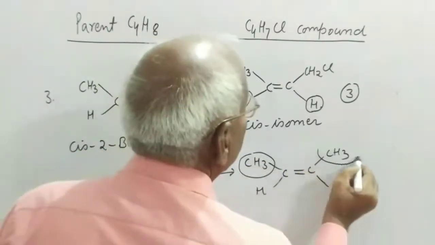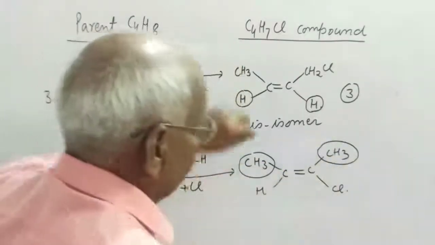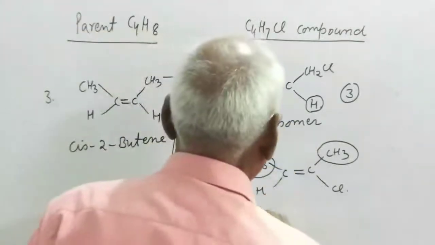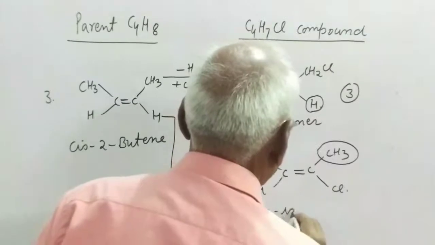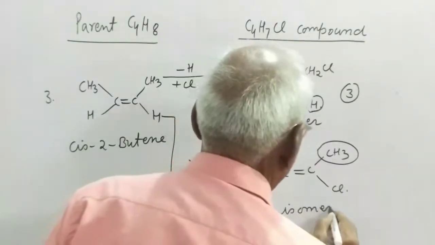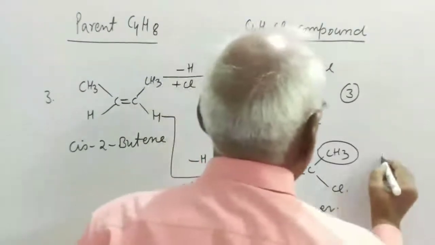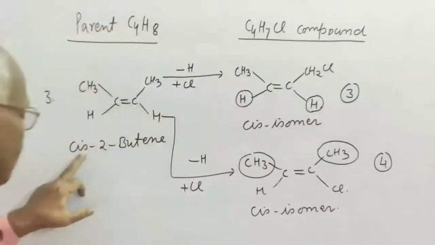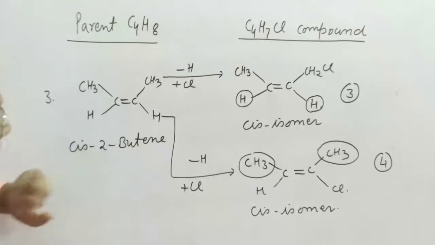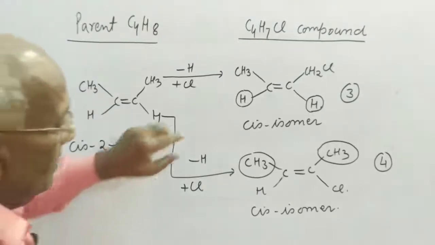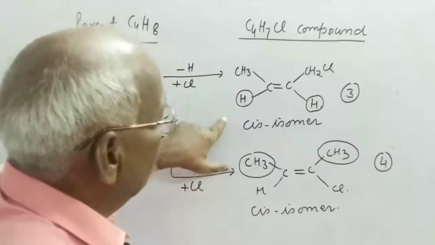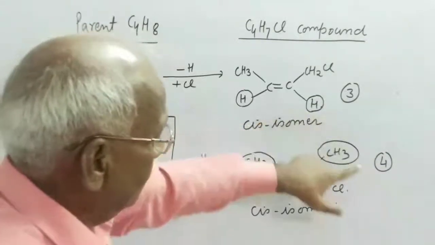See, both the CH3 groups are lying on the same side of the double bond, so this is also a cis isomer. Label it as 4. So with the help of cis-2-butene, we have generated two other geometrical isomers. One is 3rd and the other is 4.